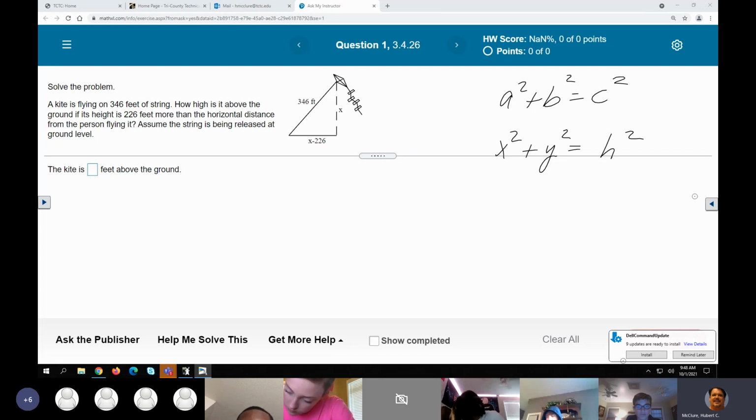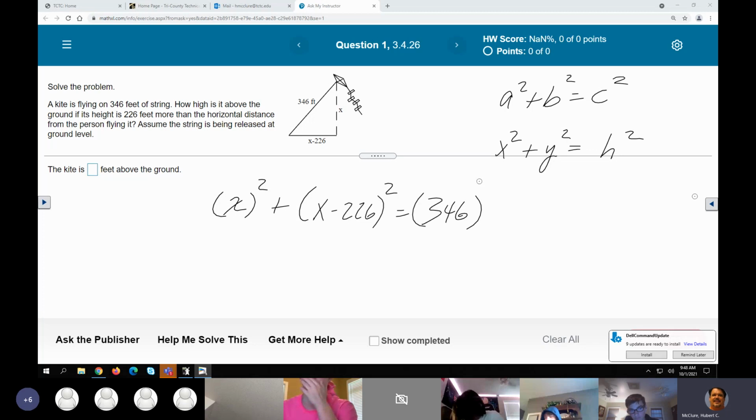You can say x squared plus y squared, or y squared plus x squared, 226, is equal to 346 squared. And that's the way you would solve this. And x squared is x squared. And this is x squared plus 452x.